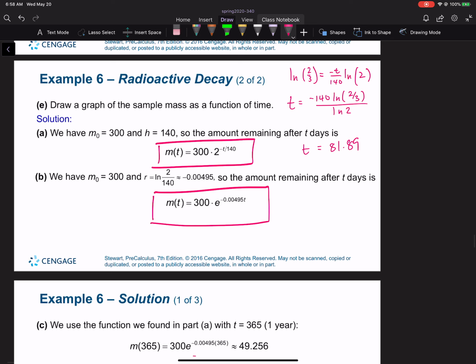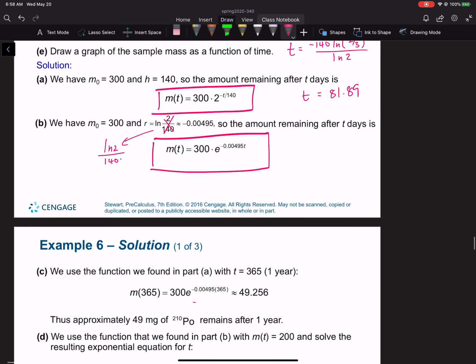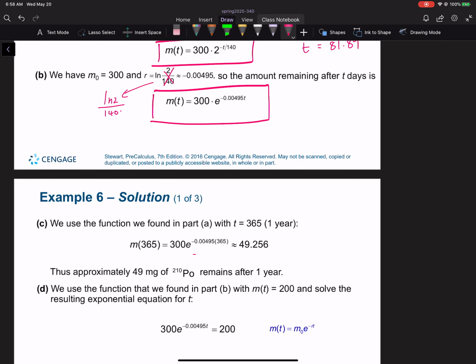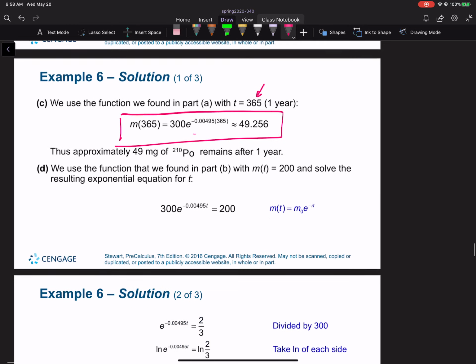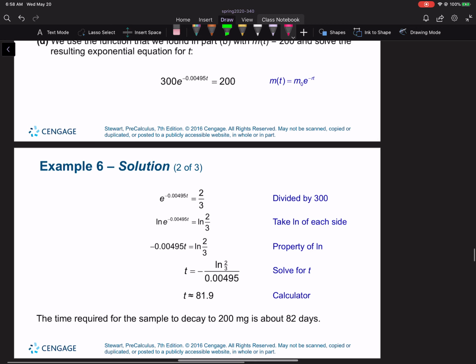The way this is written is incorrect. It's supposed to be ln 2 all over 140. Okay. Alrighty, and then C was when we're trying to do it with 365. Just got to be careful. Make sure you're checking your units to make sure they're all the same. And then the last one was to solve for the time, which is exactly what we did too.